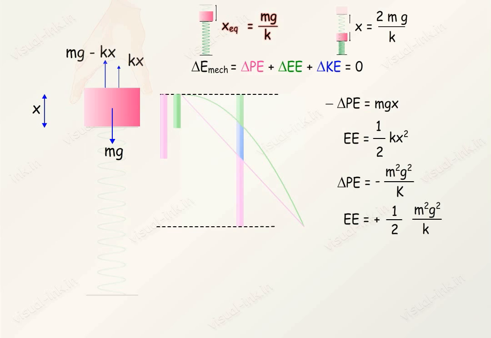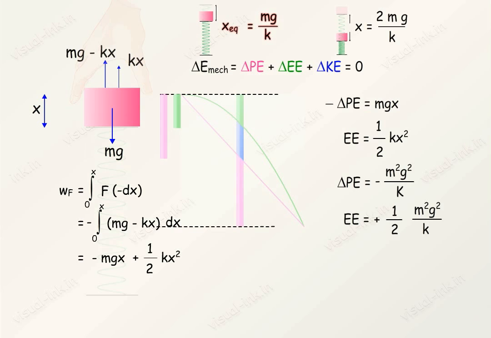Therefore, the work done by this force will be equal to integral of F into minus dx from 0 to x. That is, minus integral from 0 to x of (mg minus kx) dx, which comes out to be equal to minus mgx plus half kx square.